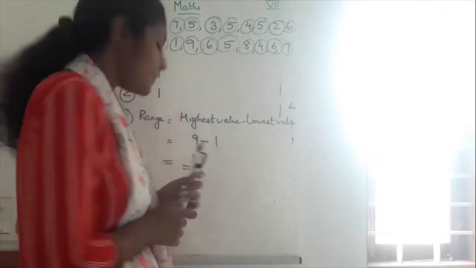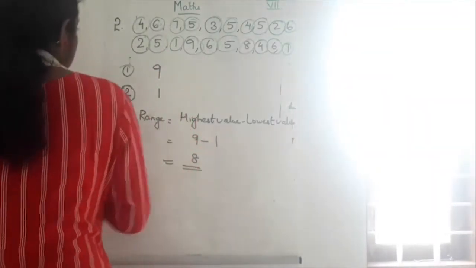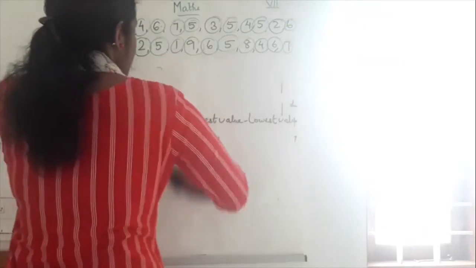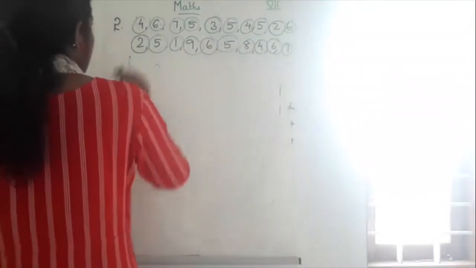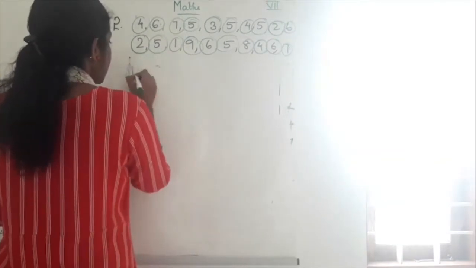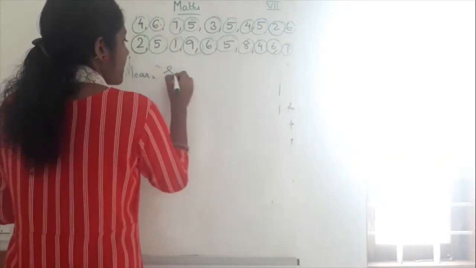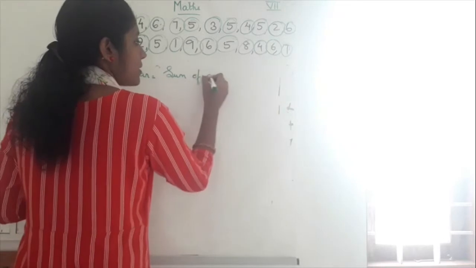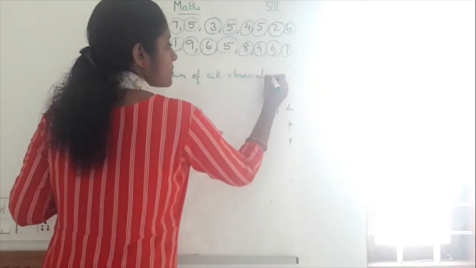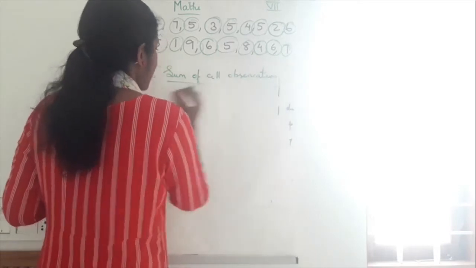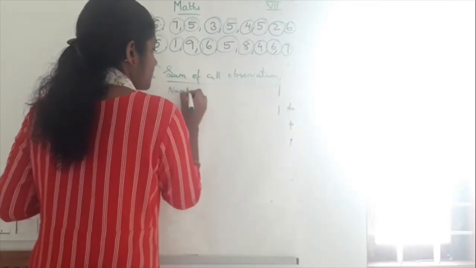So let's start. To find out the sum of the observation, take out sum of each one. That is, mean is equal to sum of all observation by number of observation.